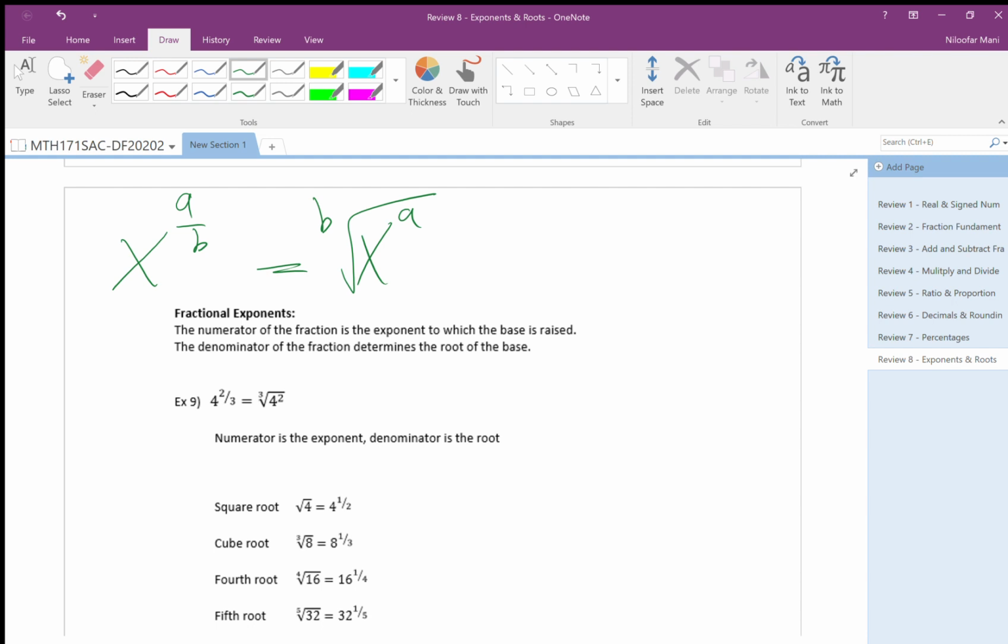Oh, okay. So it is cube root of 16, right? Which is cube root of 2 power 3 times 2. And you have two options.